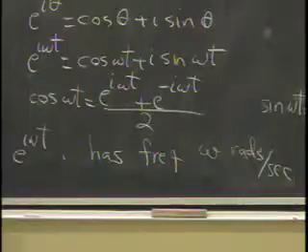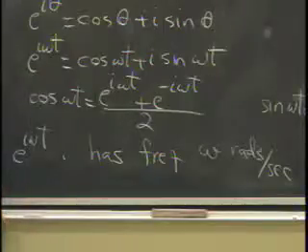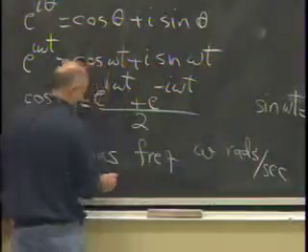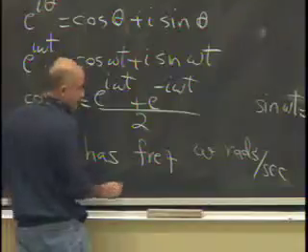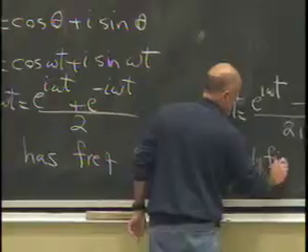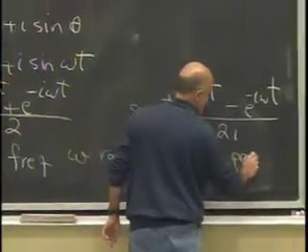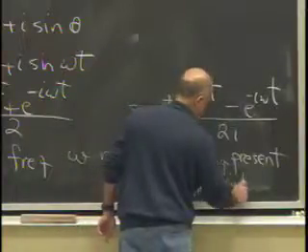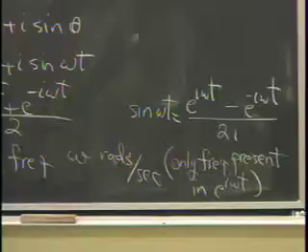It's simply going around the unit circle at the rate omega radians per second. And I should say here, it's the only frequency present in e to the i omega t. So e to the i omega t is the prototypical representation of a single frequency function.